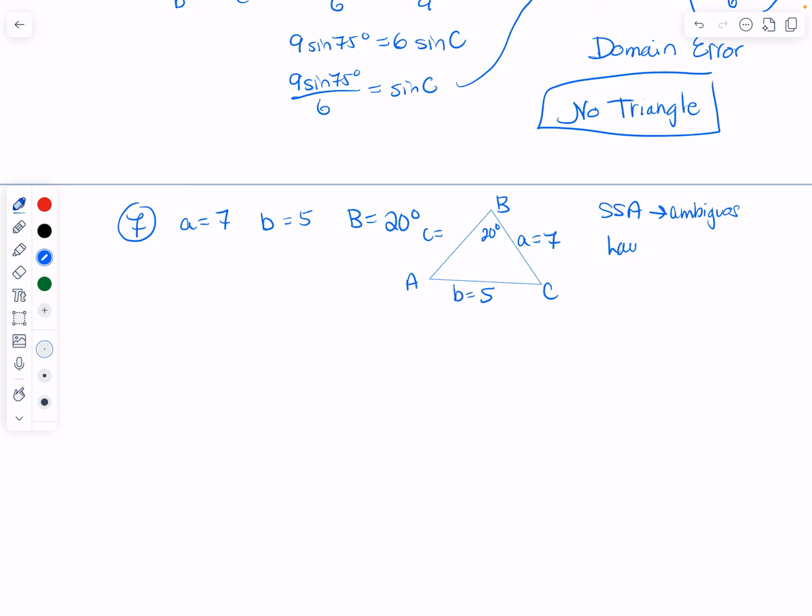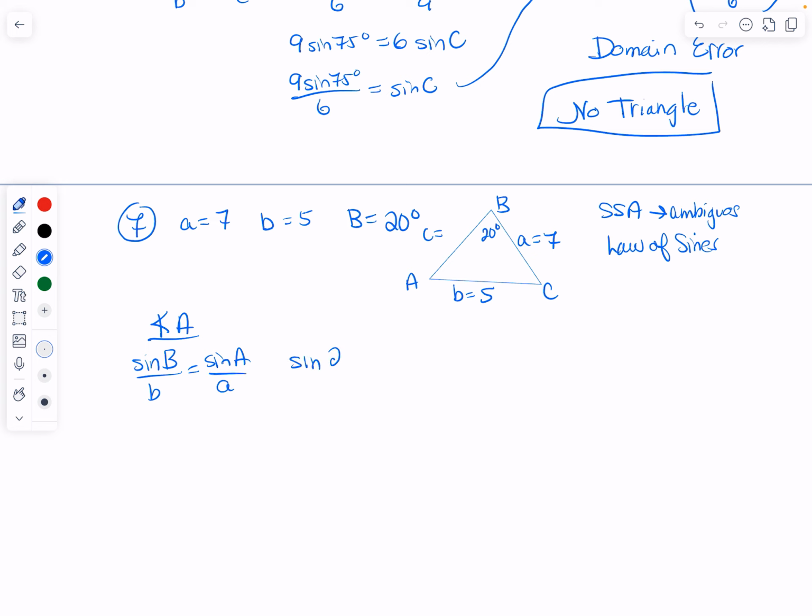And I'm going to use the law of sines to see what's going on with it. When I use the law of sines, I see that I have angle B and side b, and I have side a. So I'm going to go after angle A first. So I'm going to set up sine B over b equals sine of angle A over a.